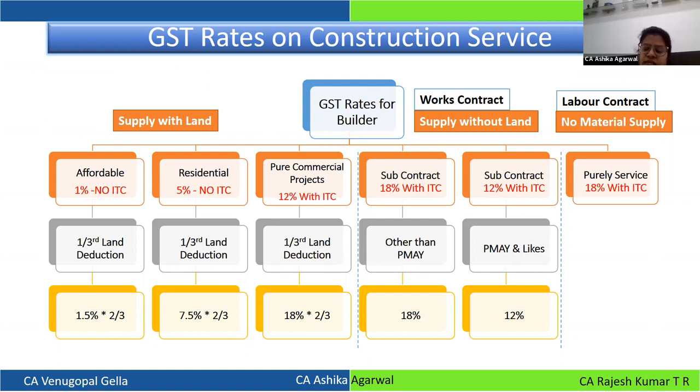So for construction service, they have specifically barred the ITC availment. Therefore, the 18% GST chargeable on labor contract becomes a cost to the developer and the promoters.